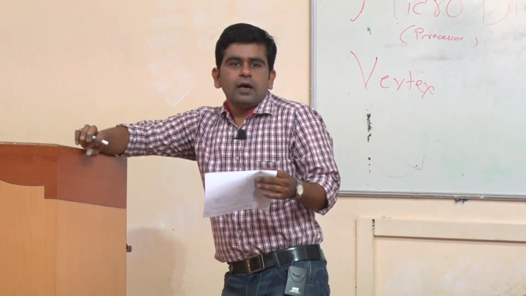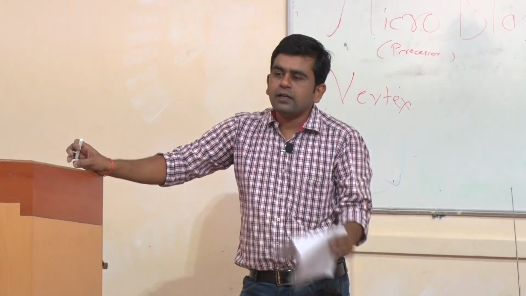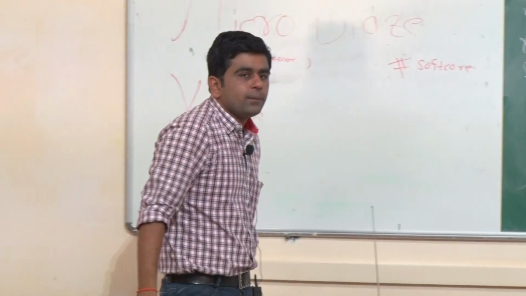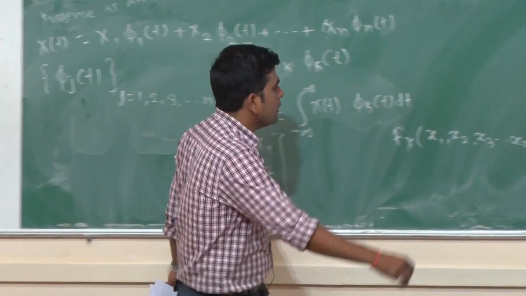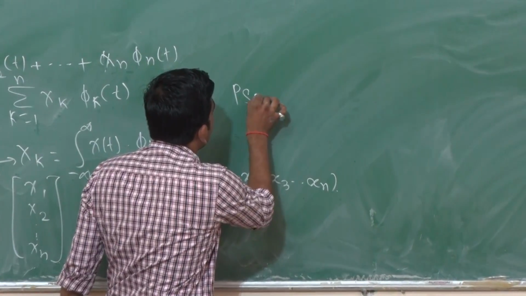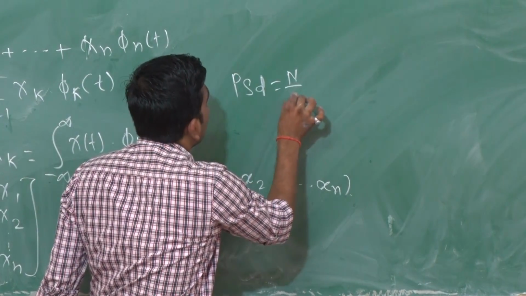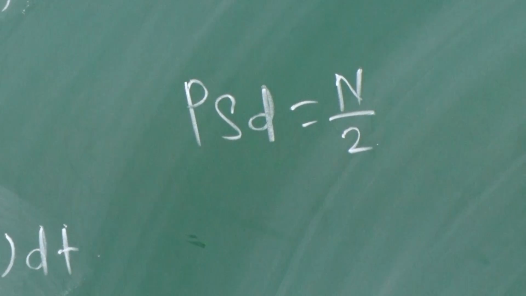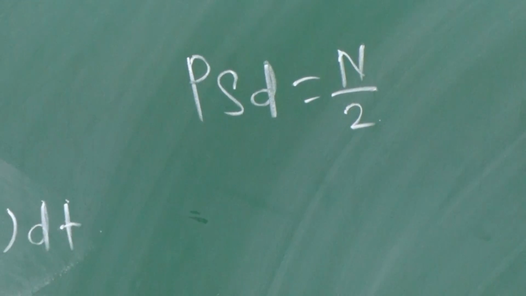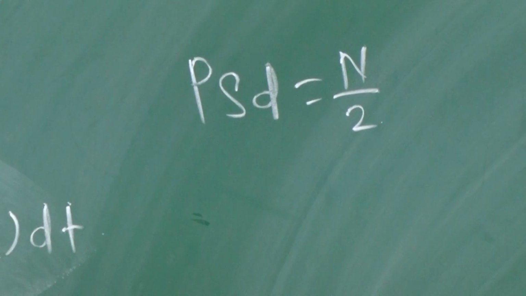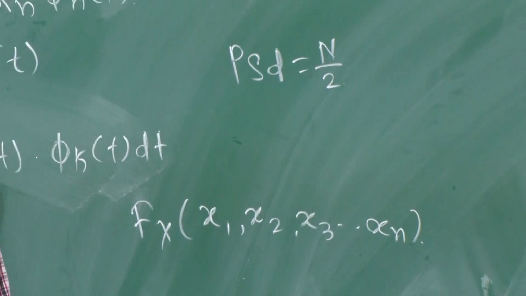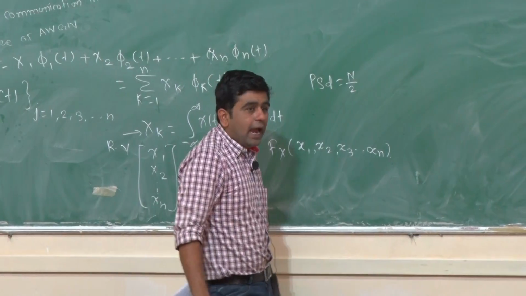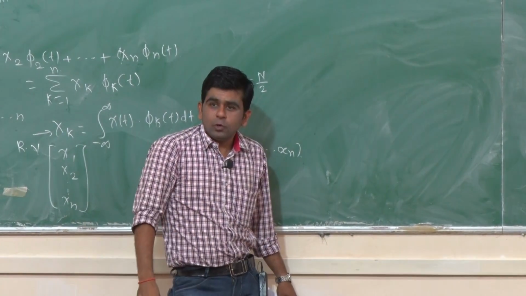Now consider a random process as a white noise with power spectral density equal to N by 2. We have to consider such a random process which can be represented by its power spectral density N by 2, and it is a white process.